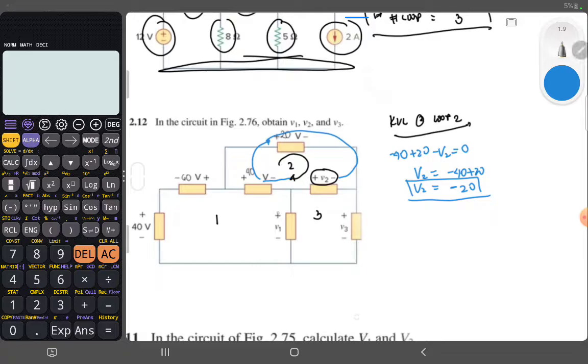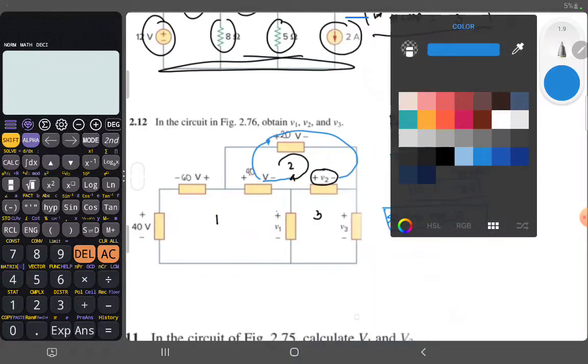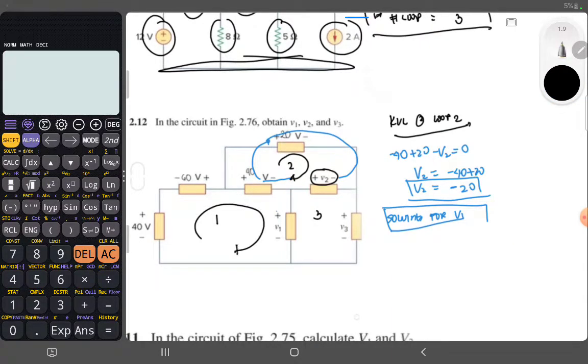Okay? Next. Dito tayo sa ating V1. Para ba natin solve tong V1 natin? So, mag-loop lang tayo sa loop 1. So, solving for V1. So, I will have my loop at V1 dito. So, mapapansin mo yung arrowhead natin papasok sa negative 40, papasok sa negative 60, papasok sa positive 40, and then papasok sa V1 equals 0.